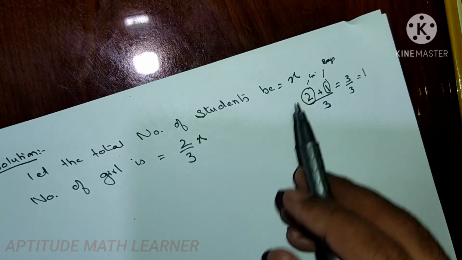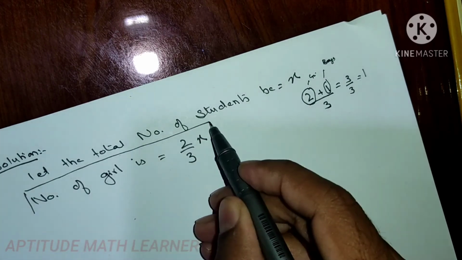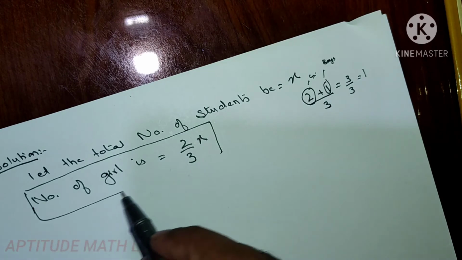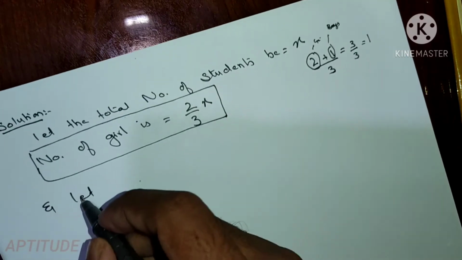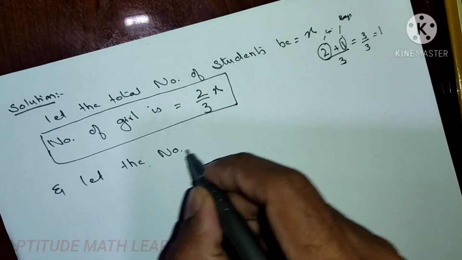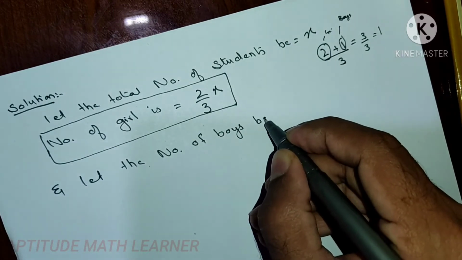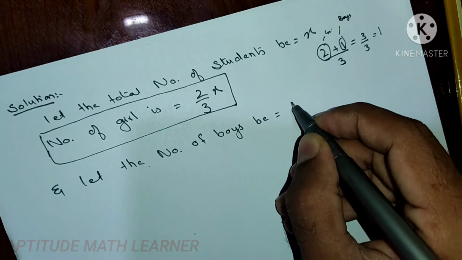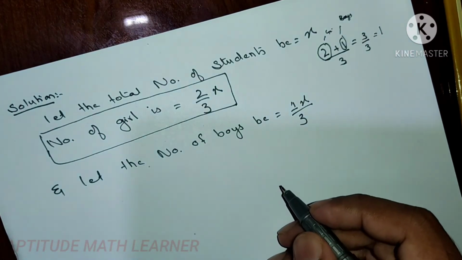Now we must remember this: the number of girls is twice, and let the number of boys be b, equal to 1/3 x, that is x upon 3.